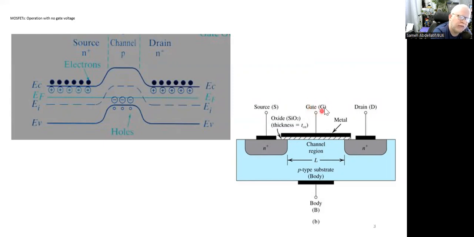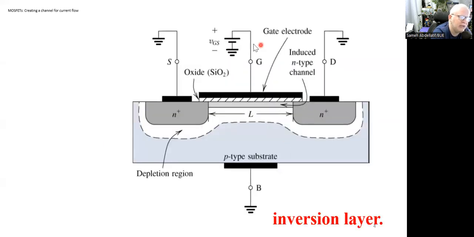Whenever you have a positive voltage here on the gate, this positive voltage is going to repel the holes here and attract some electrons here to start to construct a link between the source and the drain. The positive voltage applied here, we call it the threshold voltage.